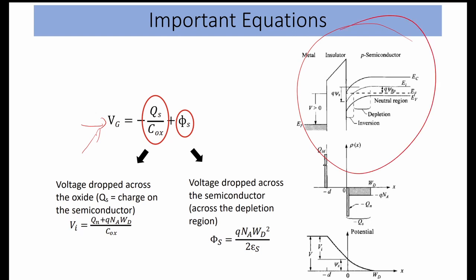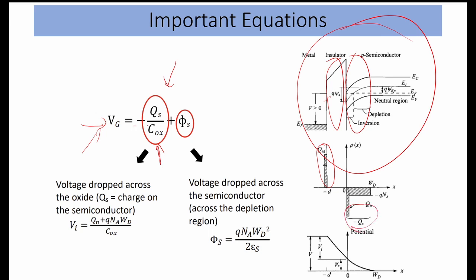It drops across the oxide layer and the semiconductor layer. The voltage dropping across the oxide layer is minus QS divided by Cox, that we have already seen, because the total charge QM is equal to minus QS.